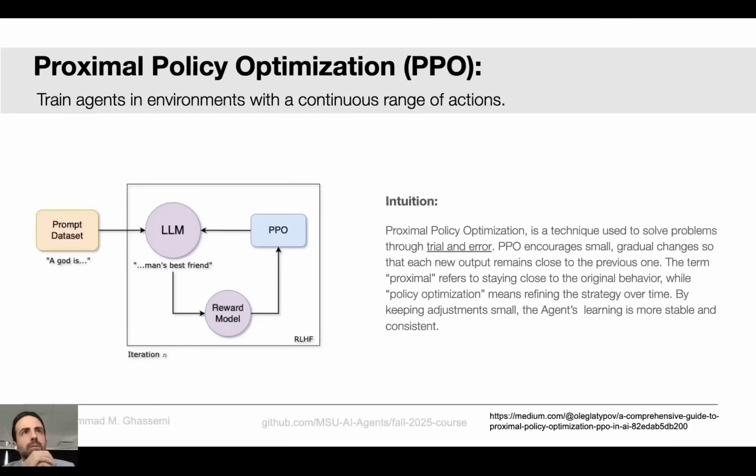Now let's talk a little bit about how you do it. There are two ways we'll be discussing. We're going to start with one that is based on some content in the reinforcement learning literature called Proximal Policy Optimization. You typically do this when you're trying to train an agent in an environment with a continuous range of actions it can take, and for a large language model, this is pretty much the case.